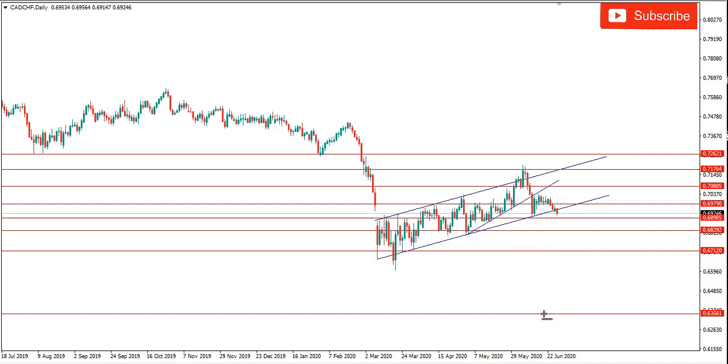Okay, so somewhere right around here is going to be our measured objective target. So what does this mean? It means after this impulse, we have this correction, we are going to be expecting to see the next impulse down into this low right here. So that's if you are going to be trading from a swing trading perspective.